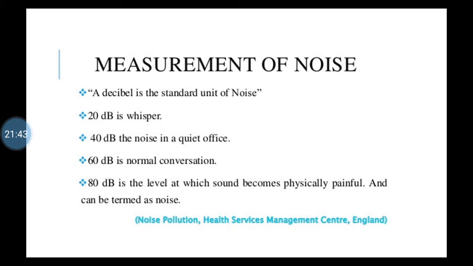And 80 decibel is the level at which sound becomes physically painful and can be termed as noise, isn't it? Now say for example printing press, that is 80 decibel, isn't it? Now, motor car horn, that is near about 100 to 120 decibel. Train passing station 110 decibel. And aeroplanes have much more decibel levels, and that is not comfortable for human beings.